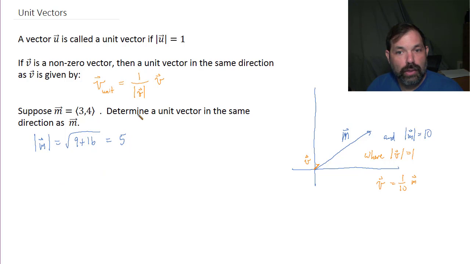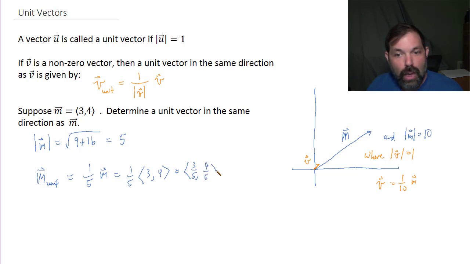So therefore, a unit vector in the same direction as m, I'll write this as m unit vector, would be 1/5 of the m vector. That would be 1/5 of 3, 4, which would be then 3/5, 4/5. And we can verify that this is a unit vector. Let's verify this.